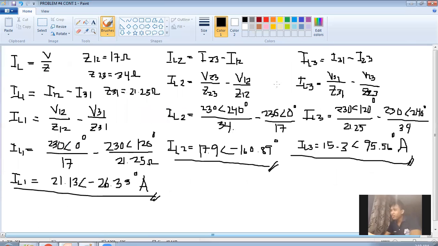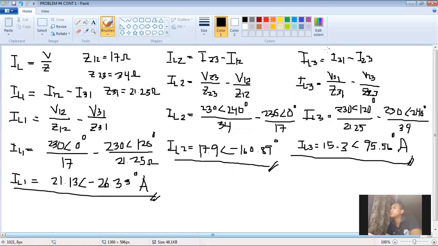So upon continuation, 230 volts, angle of 240 degrees, all over 34, minus 230, angle of 0 degrees, all over 17, which is our Z12. So upon calculation, that will be 17.9 angle of negative 160.89 degrees. So we have now the IL1, the IL2, and we will also get the IL3.